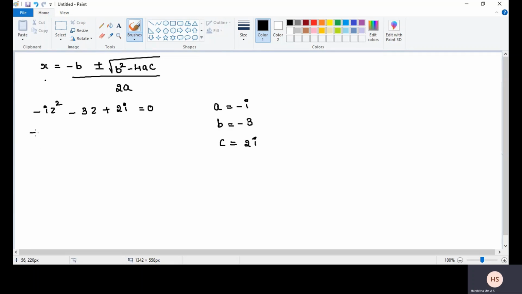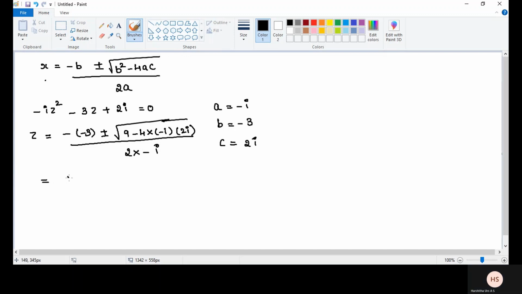So in the place of x we write z, that is equal to minus of b value, minus 3, plus or minus root of 3 square is 9 minus 4 into minus i, C means 2i, whole divided by 2 into minus i. 3 plus or minus root of 9, here minus into minus plus, i into i square. i square is minus 1.